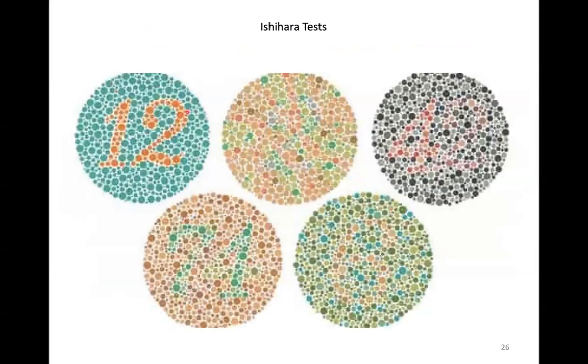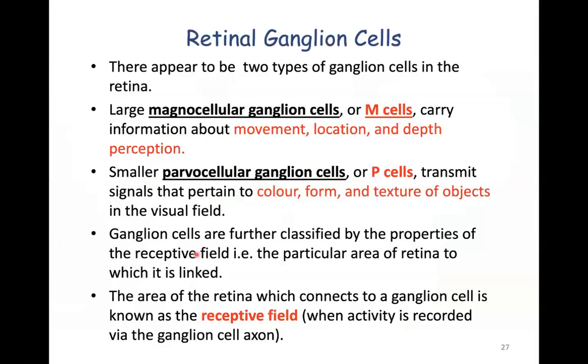So this might all kind of look the same, or maybe this might look the same. And you use Ishihara tests to kind of assess where the visual acuity of these patients lies. Now coming to retinal ganglion cells, I believe we're pretty much halfway done, I hope.